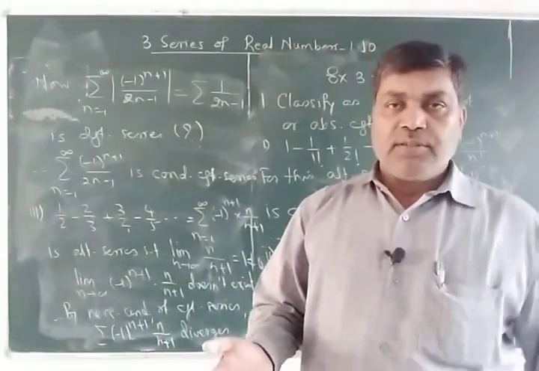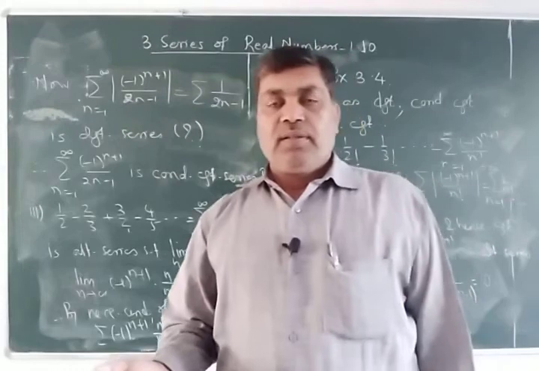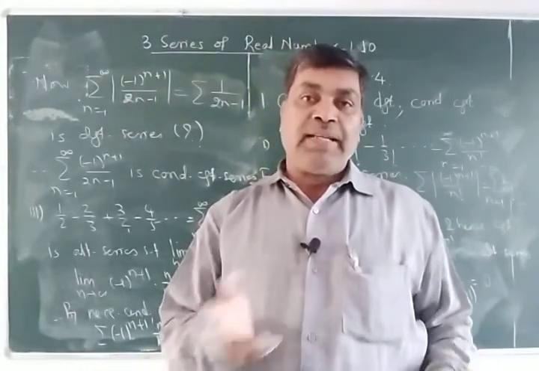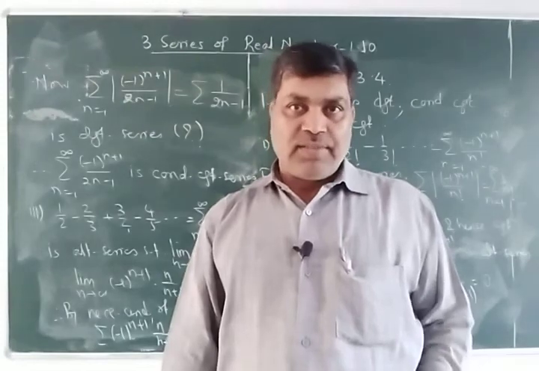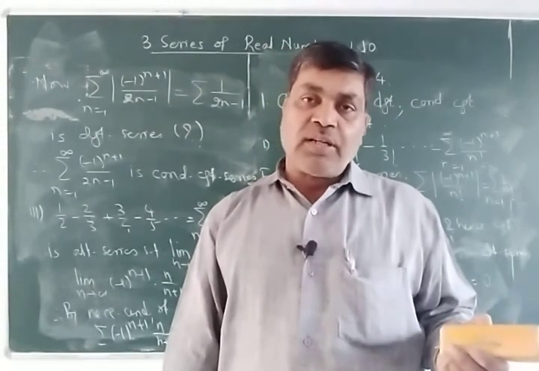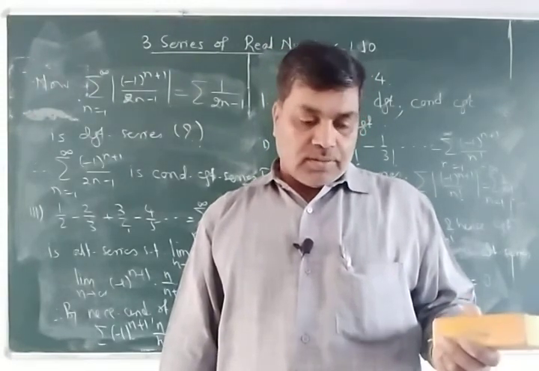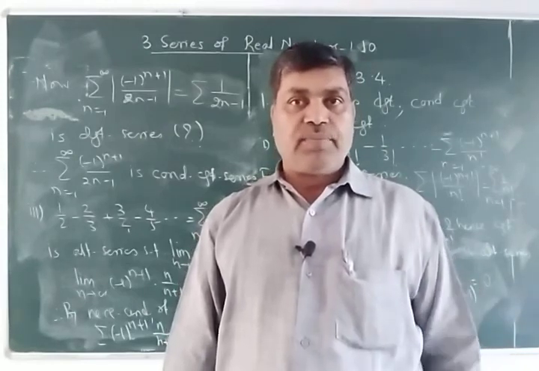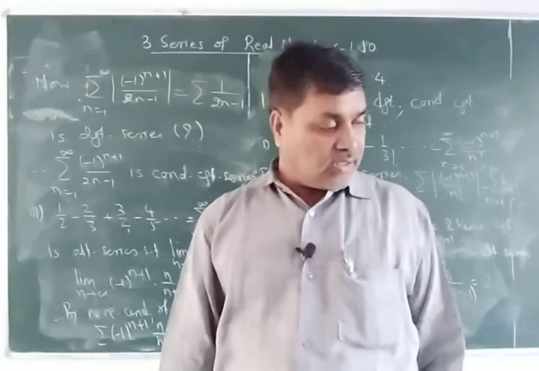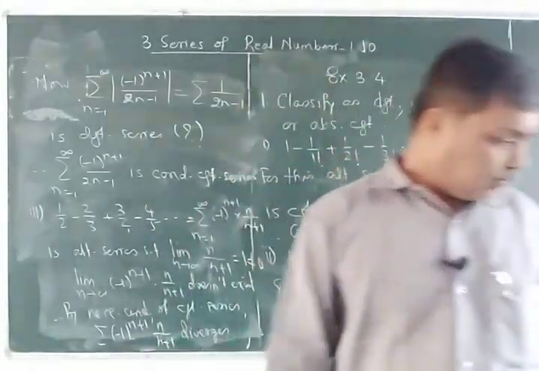Is it right? So it is impossible that summation of n is convergent and summation of mod n is divergent. So a series of non-negative numbers can't converge conditionally. Okay.